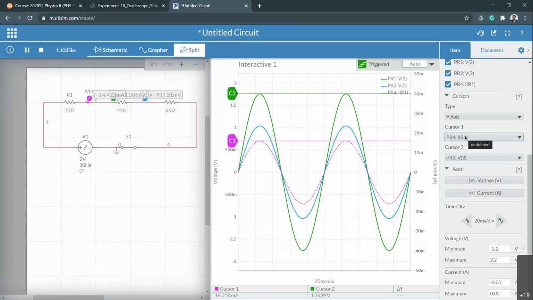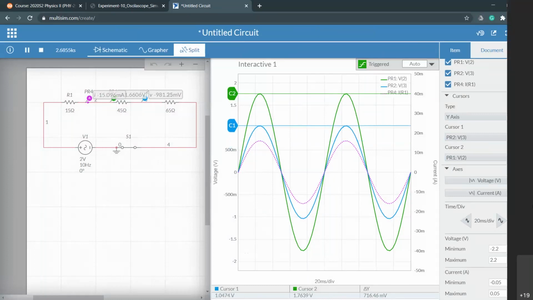I have to change cursor number 1 to voltage number 3. Okay, check the color. You can easily identify by looking at the color. Move that slowly to the end of that. Okay, right there, and then read that value, 1.0474. Then you do that calculation.